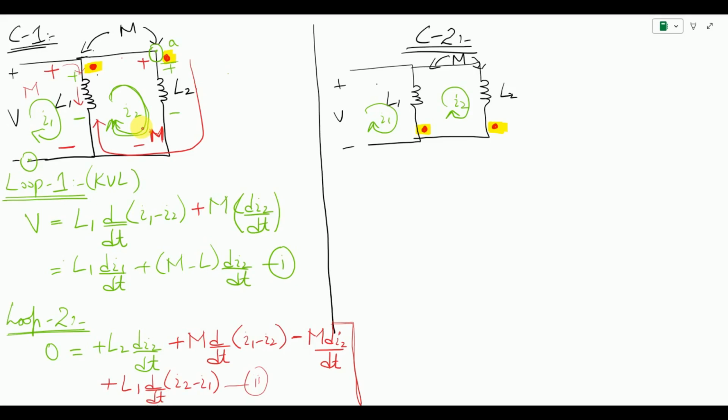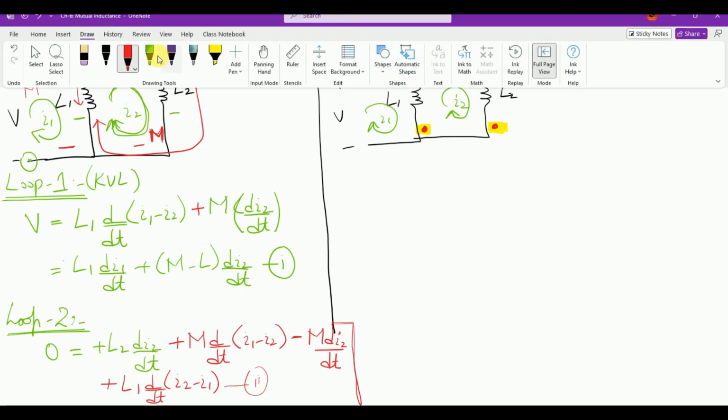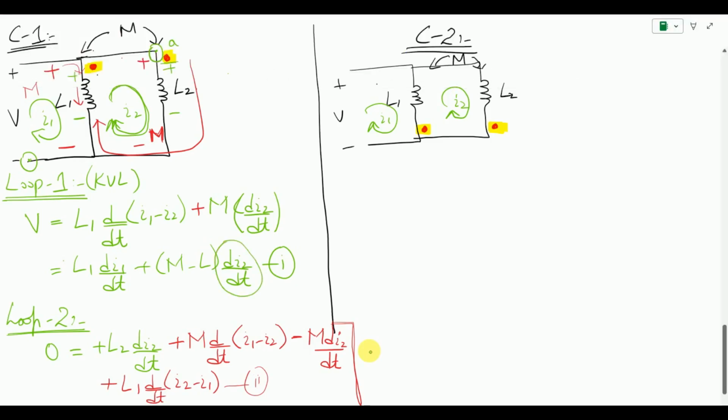Now if you do some simplification, which I can share with you at the end of this presentation via a snapshot, you should get the final equation for this loop. What we are going to do is take di2 common and replace its value in equation number 2.